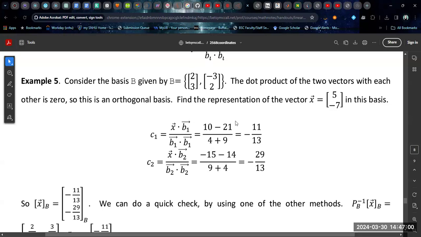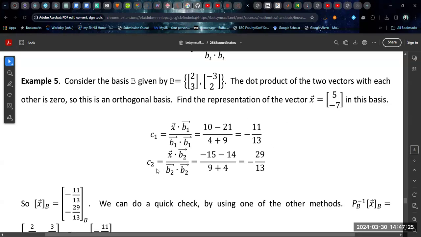So we're going to dot x with B1 divided by B1 dotted with B1. 5 times 2 is 10, and negative 7 times 3 is negative 21. That gives me negative 11, and B1 dotted with B1 is 4 plus 9, which is 13.